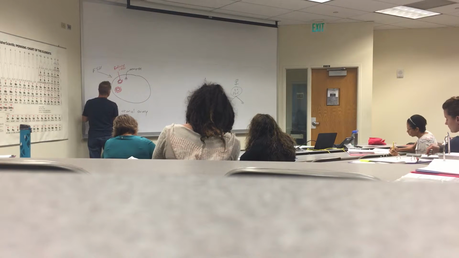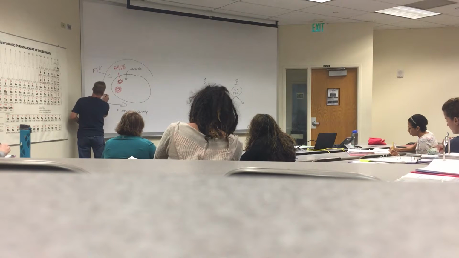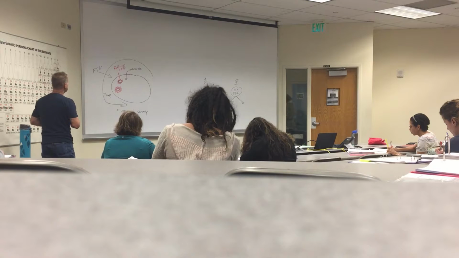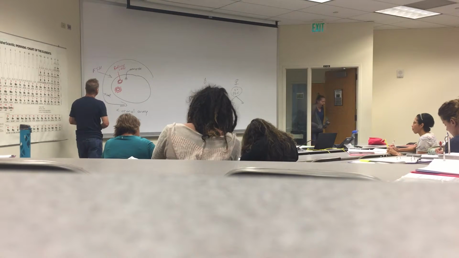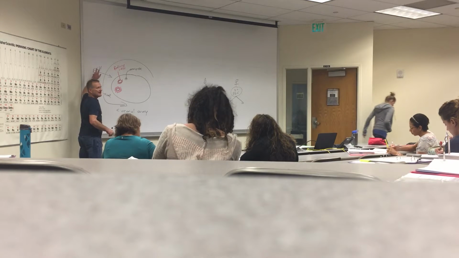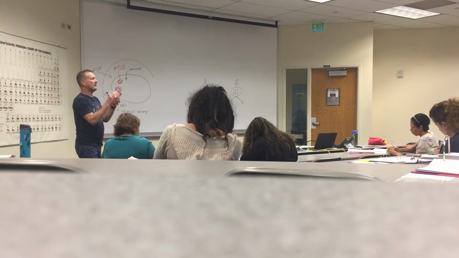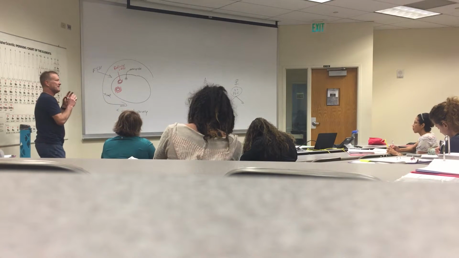This is time lapse. I don't know why I chose to go in a counterclockwise direction. That seems a little backwards, but I don't guess it matters. So, follicle stimulating hormone. We say superficially, we learn in middle school, stimulates meiosis, stimulates gametogenesis.